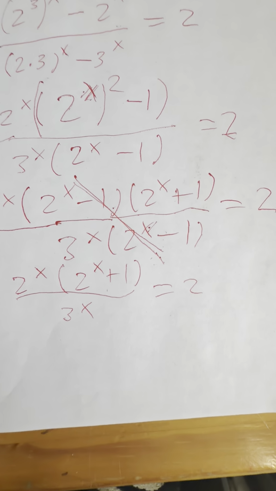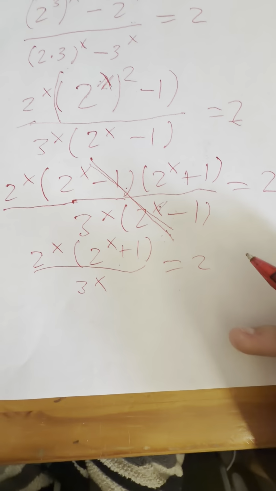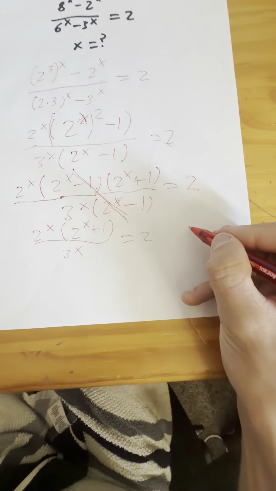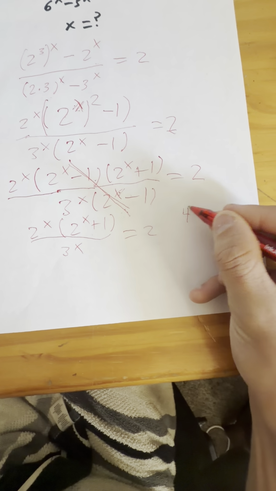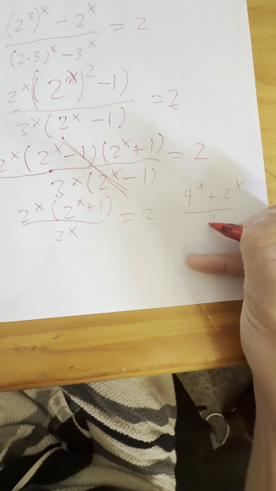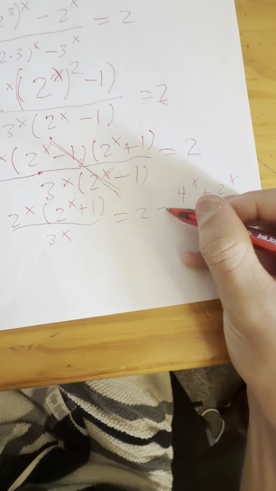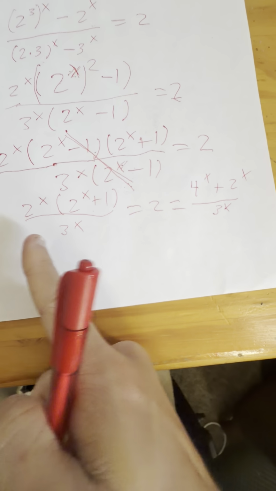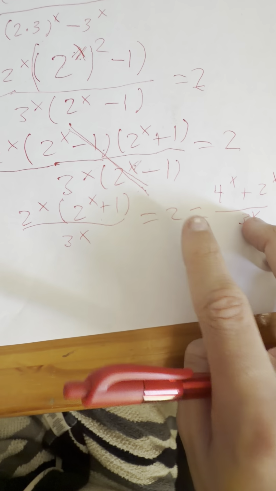Now we could distribute the 2 to the power x in the numerator, I'll write over here. It'll be 4 to the power x plus 2 to the power x over 3 to the power x. And then you can multiply both sides by 3 to the power x.